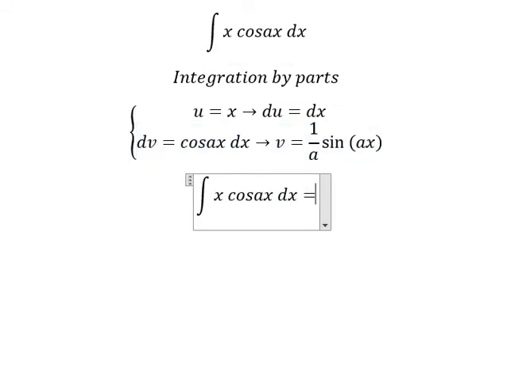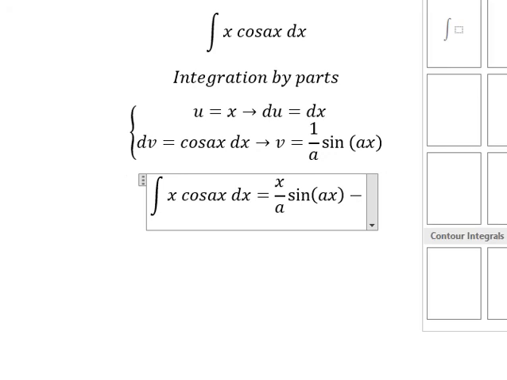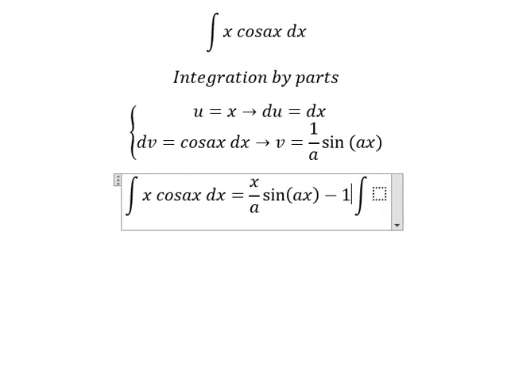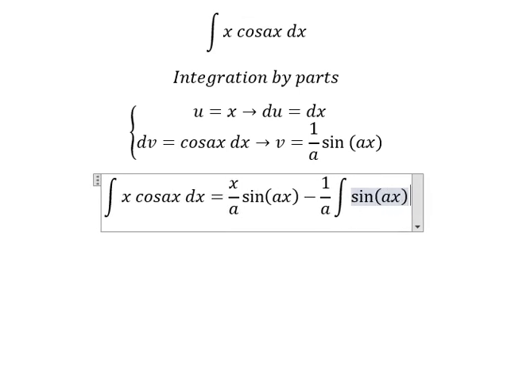So we have u multiplied by v, so we have s over a sine as minus the integration of v multiplied by du. We put 1 over a in here, and we have sine as ds.